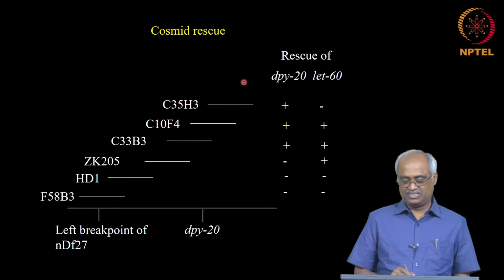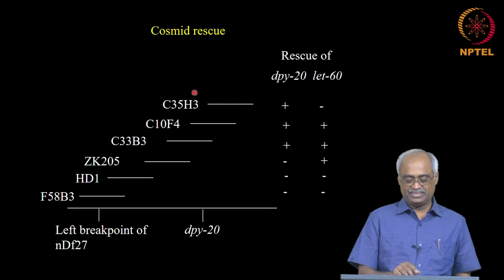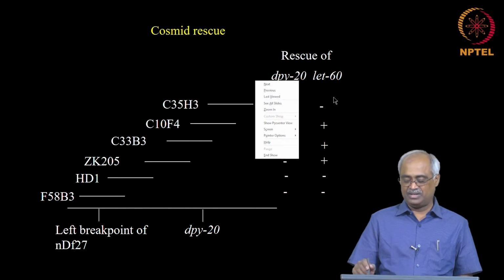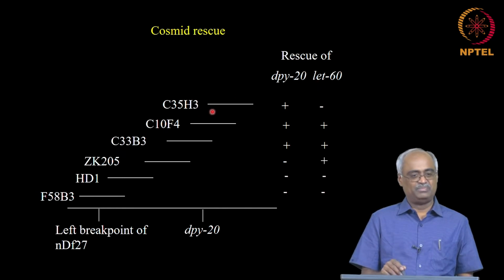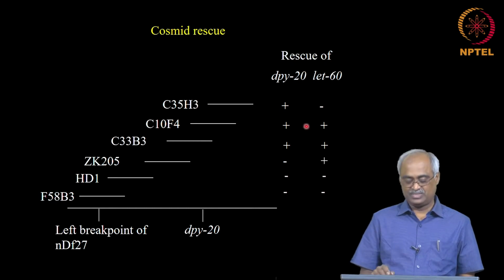Then you do injections. Now you inject this one and you find it rescues dumpy20 but not let60. So somewhere in it dumpy20 is covered but not let60. Then you go to this one, and you find it rescues both.